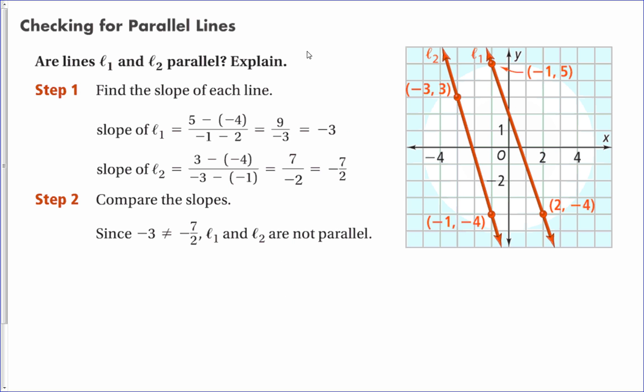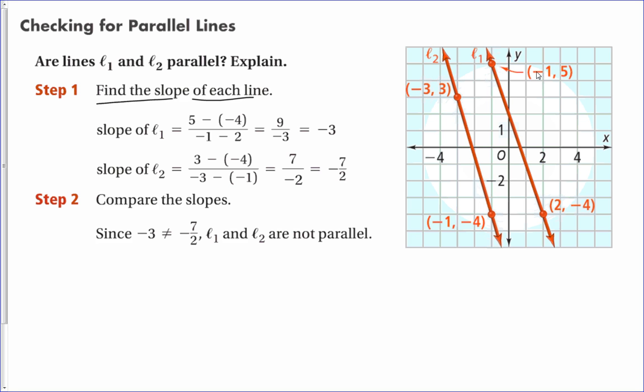Alright, checking for parallel lines. So here we have two lines in a coordinate plane, and it says, are lines L1 and L2 parallel, and why or why not? The first thing we want to do is find the slope of each line.